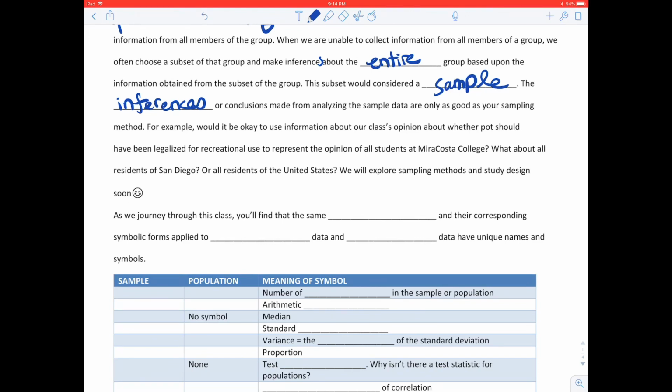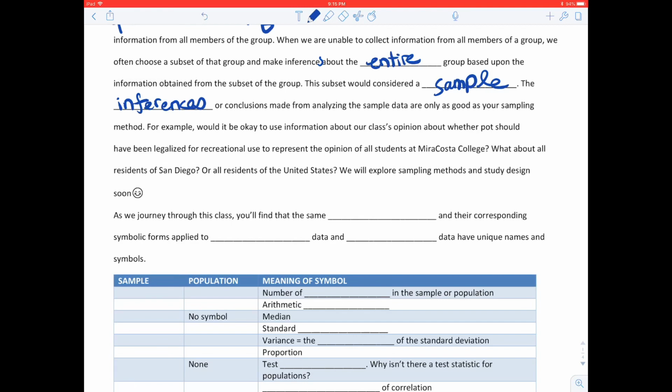But if I was saying, well, I surveyed my 2 online statistics classes, and this is the proportion that came out of that survey, and I wasn't making any kind of judgments or inferences about a larger group, then that would be a population parameter.